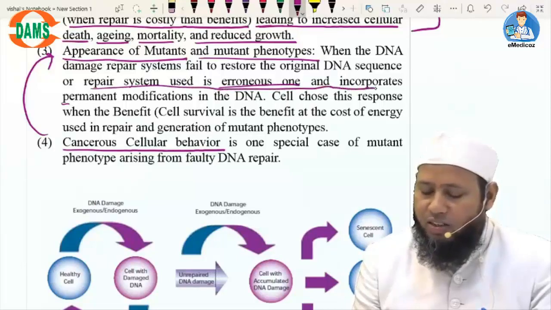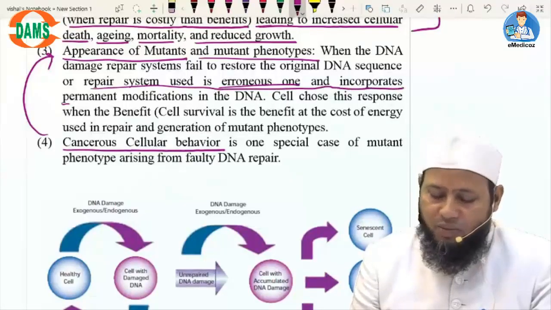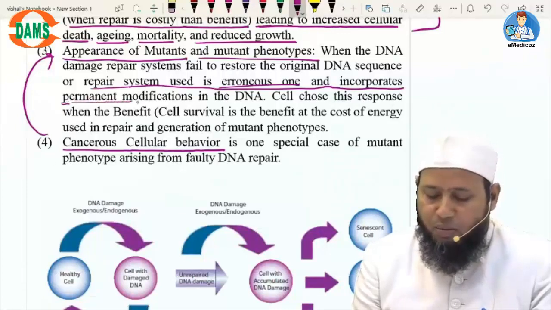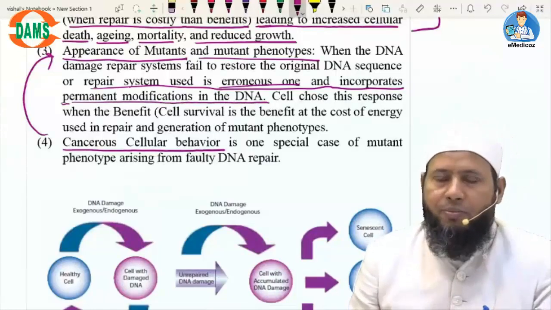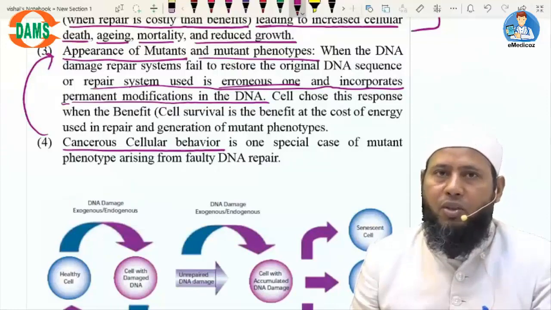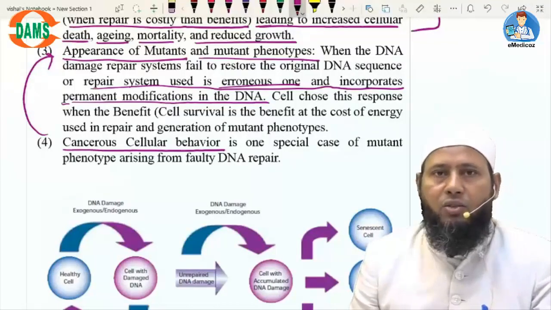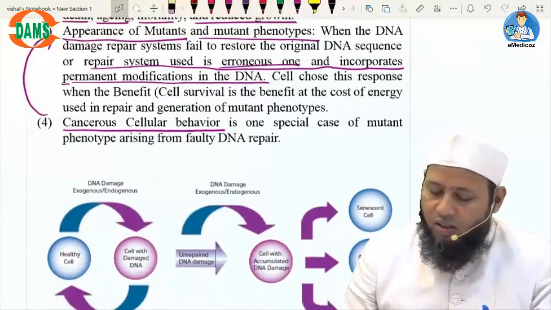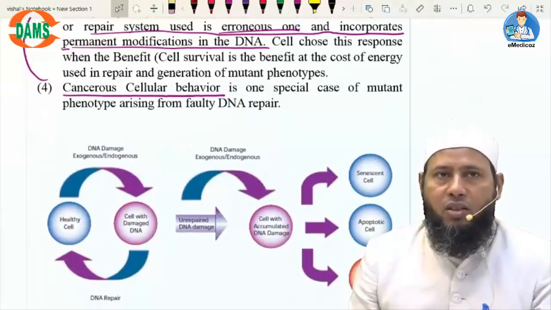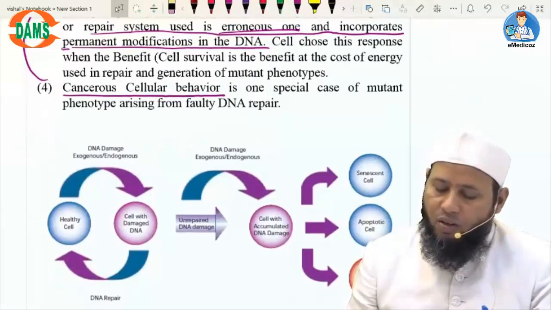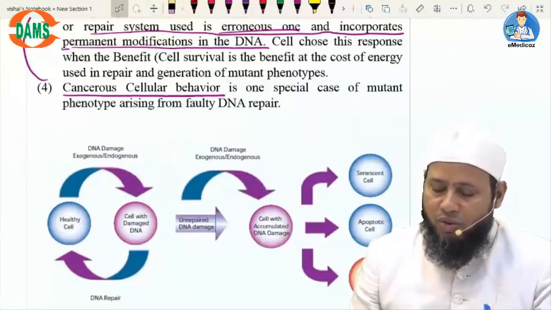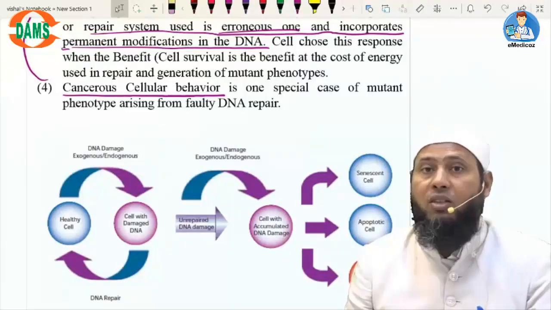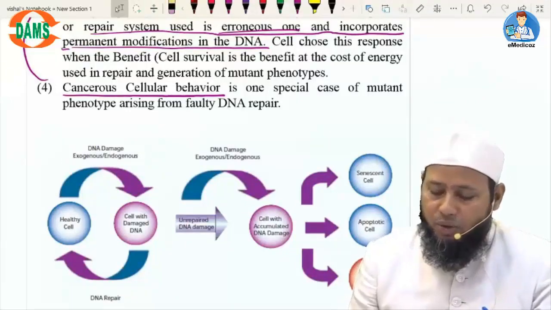Because of this erroneous repair system, it incorporates permanent modification in the DNA, and that permanent modification will have the continuous propagation of the mutant gene, which results in the generation of mutants, and these mutations can result in cancer also. Those mutations are called oncogenic mutations, and those agents which result in these kinds of mutations are called oncogens.